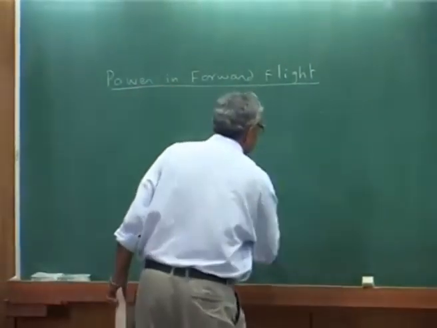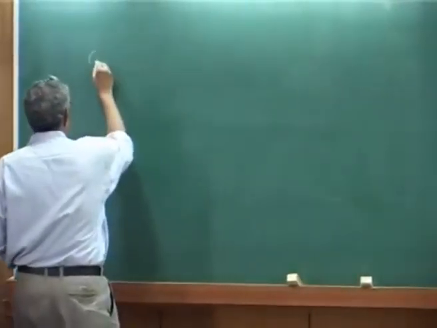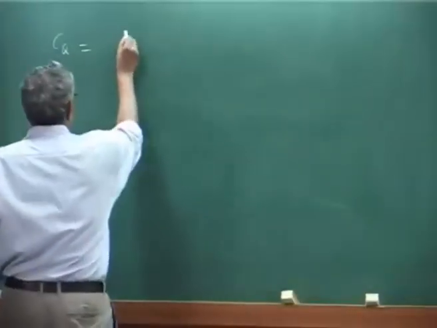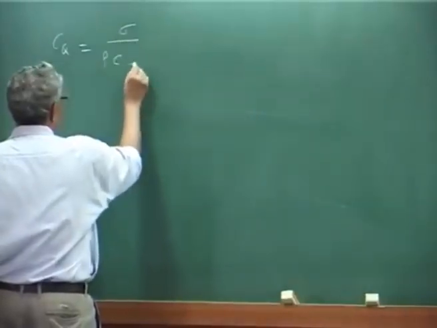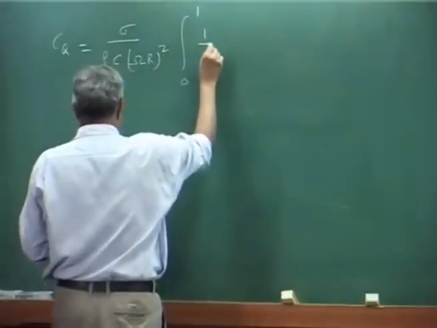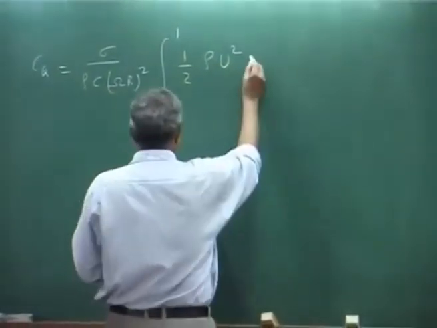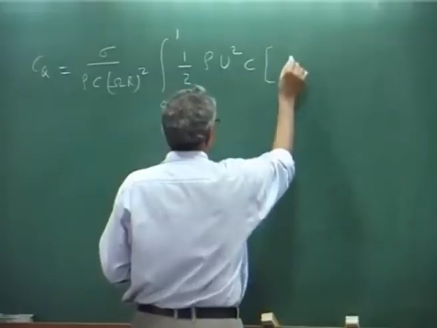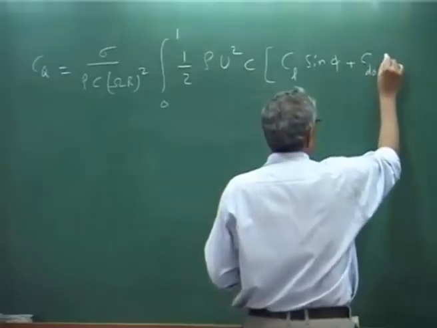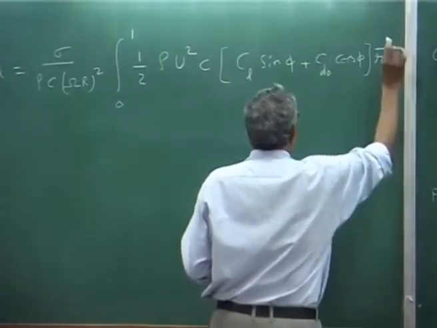Now, let us go back here and substitute this expression. So, you will get Cq becomes essentially sigma rho C omega r whole square, C L sin phi plus C d 0 cosine phi, r bar d r bar.